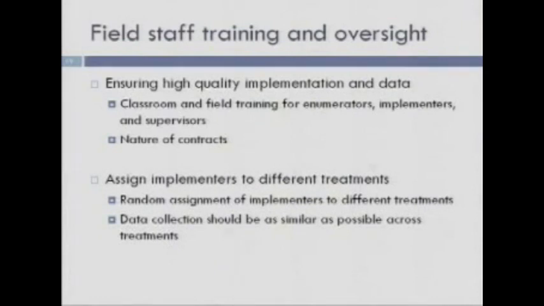Thinking about what's the nature of contracts that you have. I think that's one of the advantages either of working in close cooperation with an NGO over a period of time, so you have a long-term relationship, or doing it yourself as in a lab experiment or as in some of the more recent field experiments.